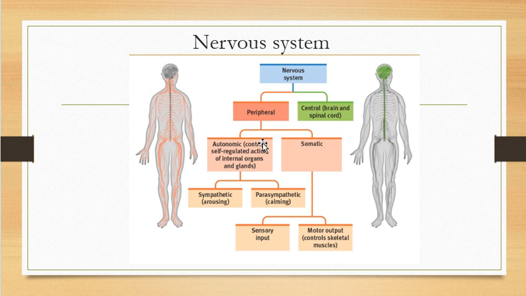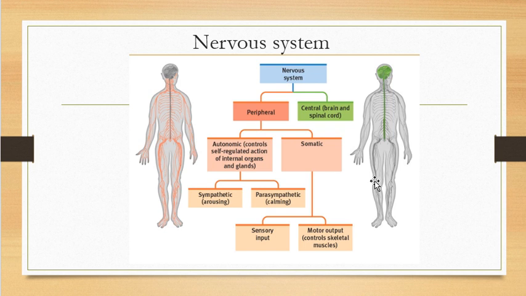Now let's see the classification of the somatic system. Somatic is divided into sensory input and motor output. This is another way of defining the afferent and efferent neurons. The afferent neurons, which carry the message towards the CNS, carry the message from the sensory organs, which are responsible for sensing the stimulus.